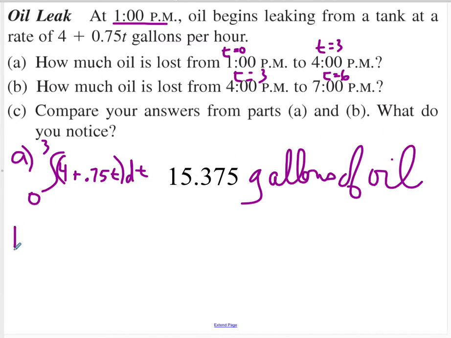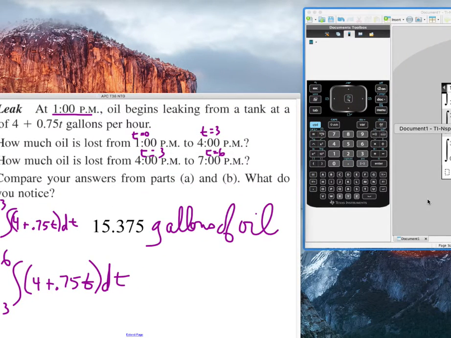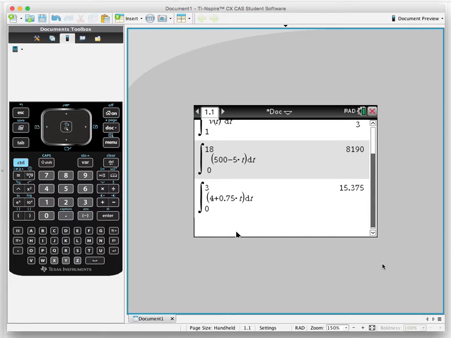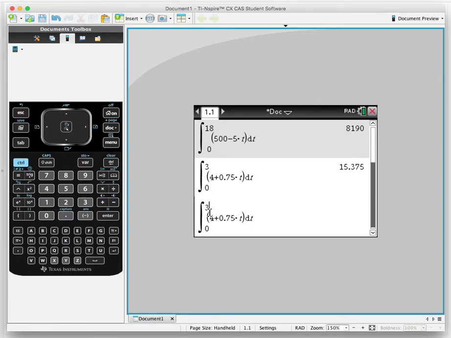And then we'll do part B. Part B is the same thing, except we're not doing from 0 to 3. We're doing from 3 to 6. So we'll change our function to be from 3 to 6, and not from 0 to 3.